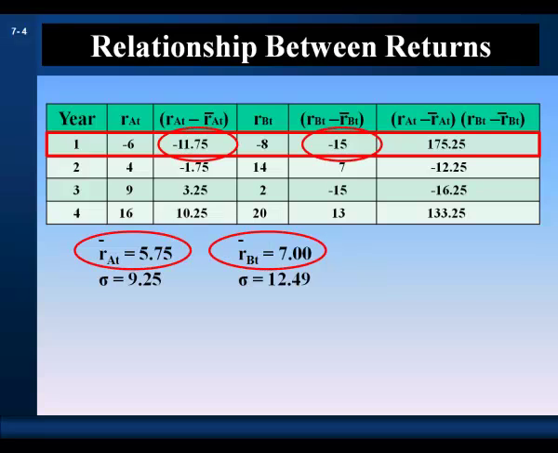For security A, its deviation from the mean is its -6% return in year 1 minus a 5.75% mean return. Its deviation from the mean is -11.75%. For security B, its deviation from the mean is its -8% year 1 return minus the 7% mean return. Its deviation from the mean is -15%.